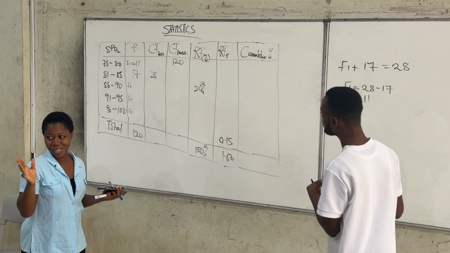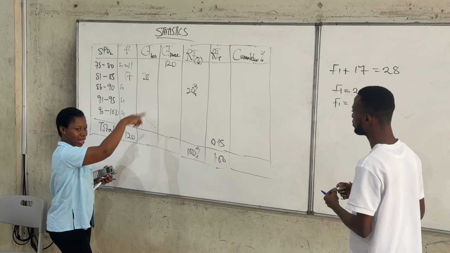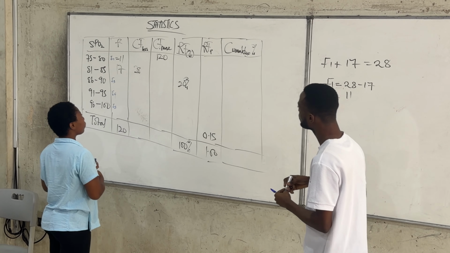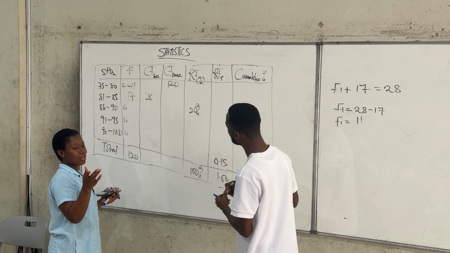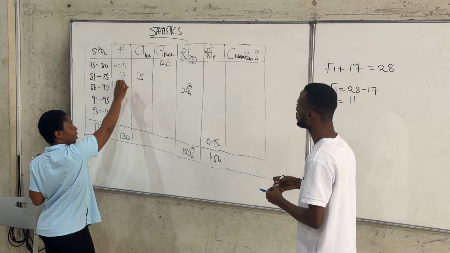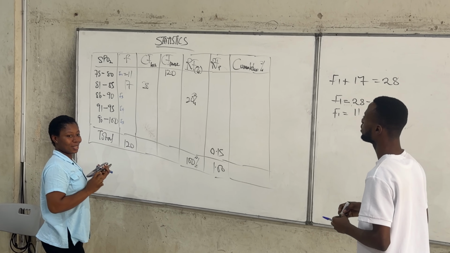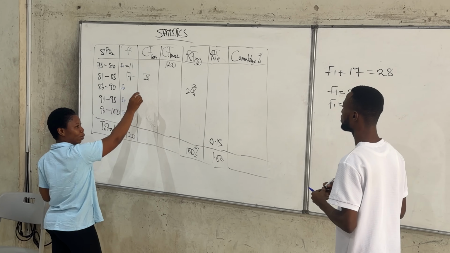So the thing is, you cannot go chronologically. You have to run somewhere to come and fill it up. And the principle for cumulative frequency says the first frequency is the same as this one.